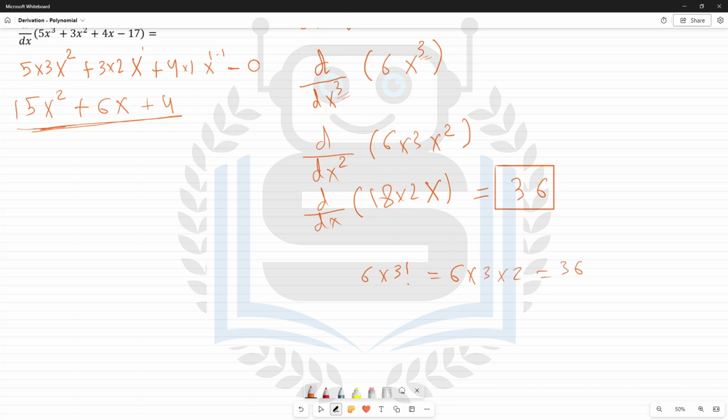Or another example, if we have d/dx to the power of 5 of 6x to the power of 5, since they are equal, that will be 6 times 5 factorial, that will be 6 times 5 times 4 times 3 times 2, which equals 720.